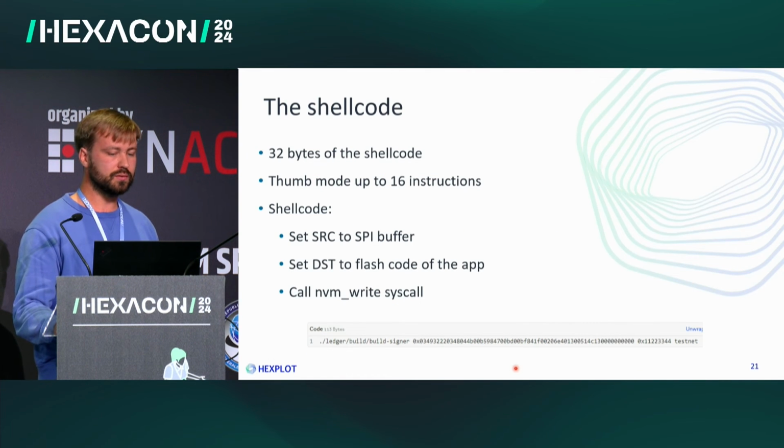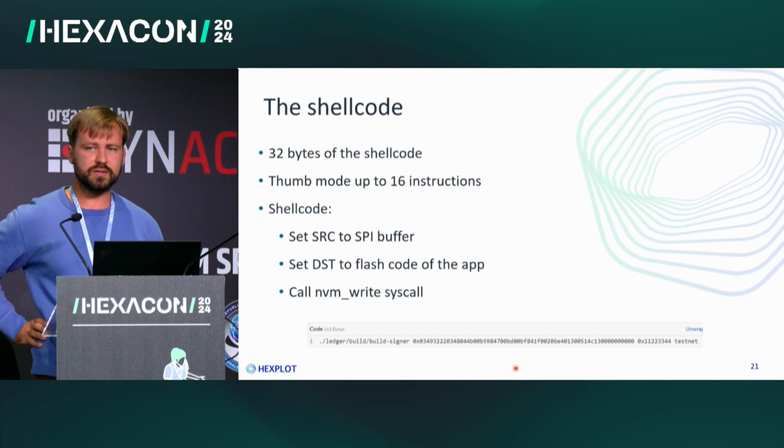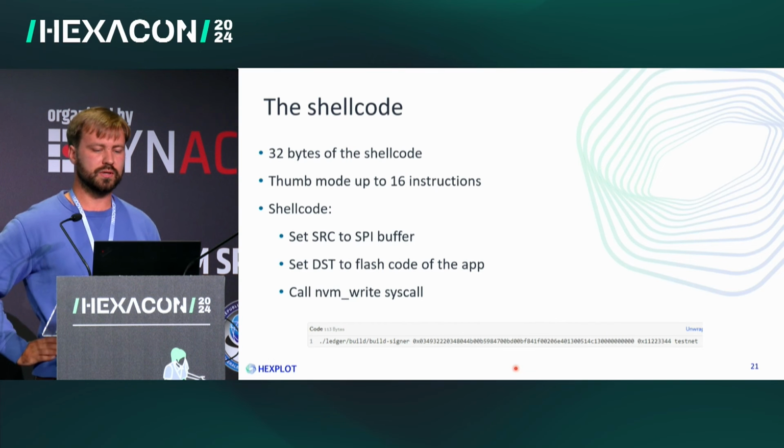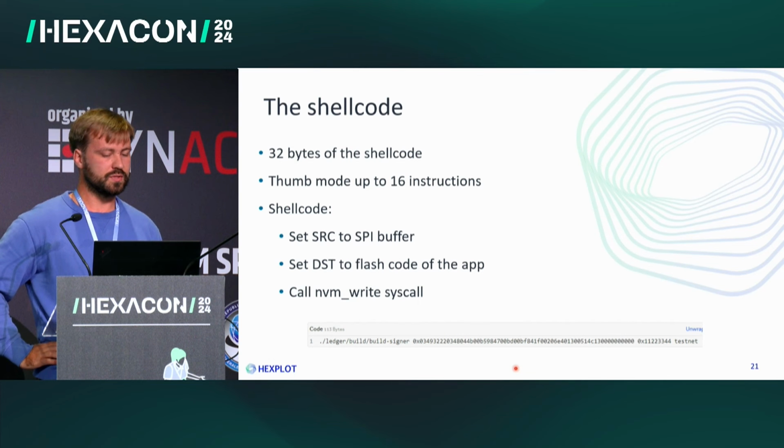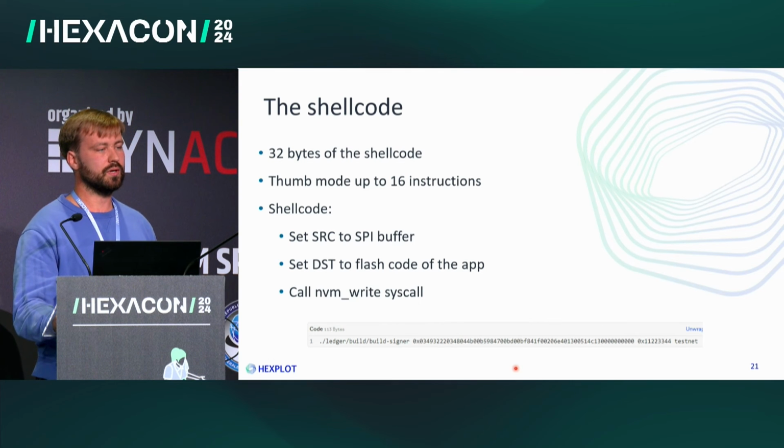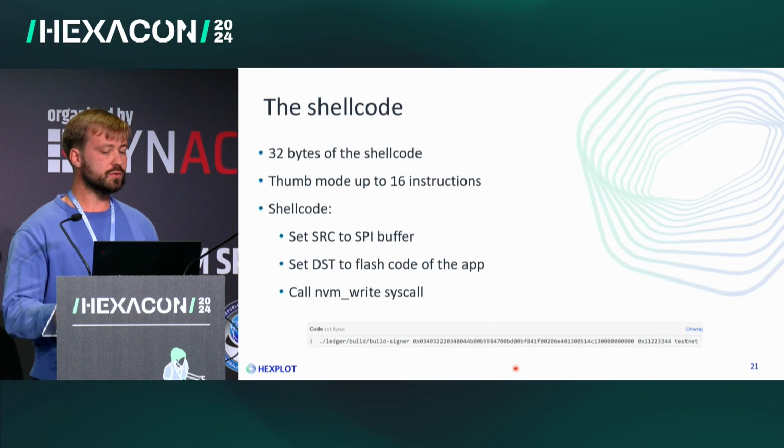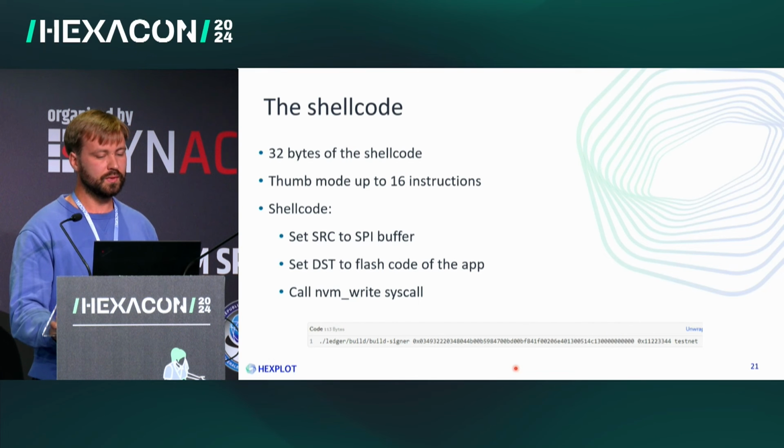We have our shellcode. It's not a lot, it's 32 bytes, but we execute in Thumb mode in ARM. So we can have up to 16 different instructions and maybe some data if we need to. And after trying to figure out, I chose the way of, we point the source to our SPI buffer because we control it with our shellcode.